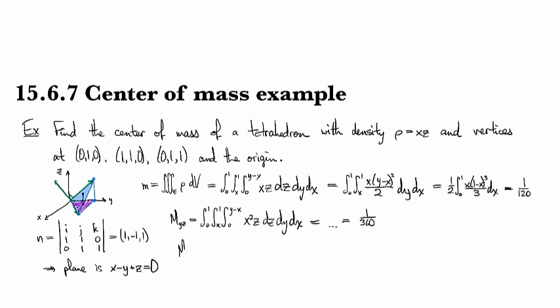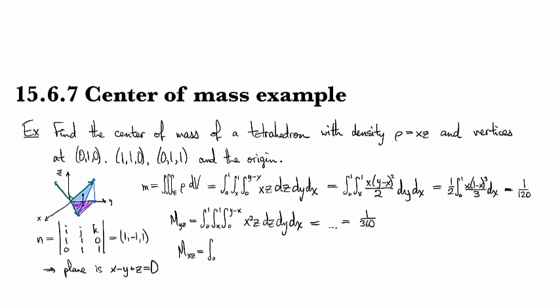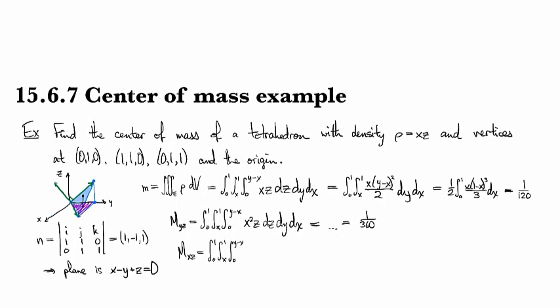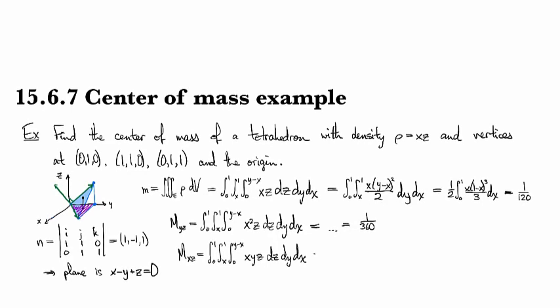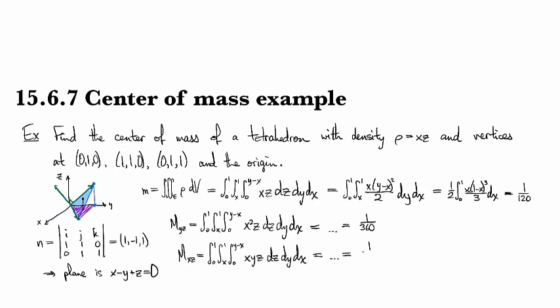And for mxz, we can find the y moment. And again, I don't have to repeat the derivation of the bounds because it's still the same object that we're integrating over, but now it's xyz as our integrand, dz, dy, dx. And doing some crunching, we end up with 1 over 144.